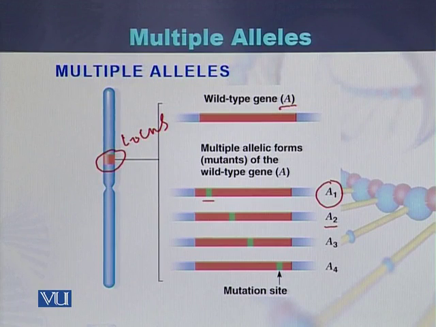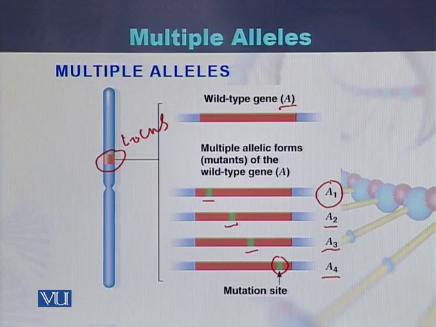In A2, there is a change in the sequence of the nucleotides at a different position. In allele A3, there is a change at a different position with respect to alleles A1 and A2. And in allele A4, there is a variant or a change at yet another position.